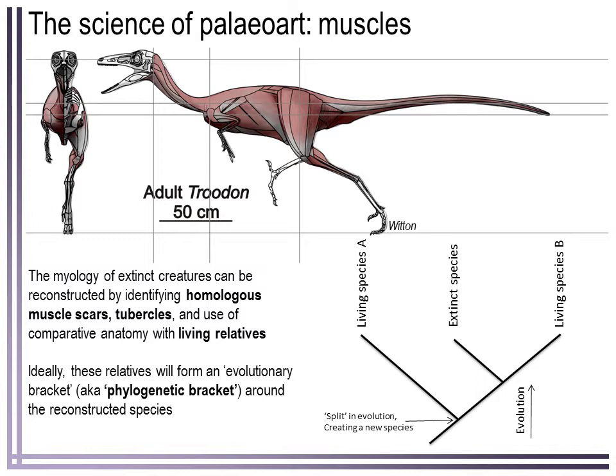So the way we could do this is we could look for a soft tissue characteristic, say a muscle, that occurs in both living species. So we say, well, if living species A and living species B both have this muscle, and we find the osteological correlates for it in the extinct species, we could say quite confidently that that muscle must have existed there because it has the same anatomy.